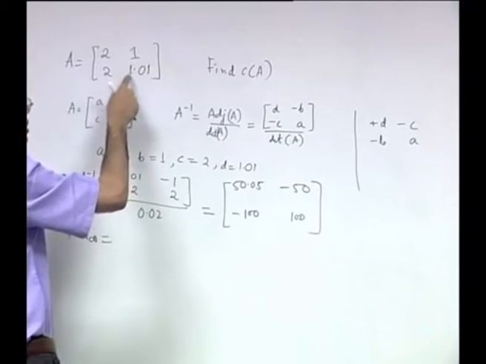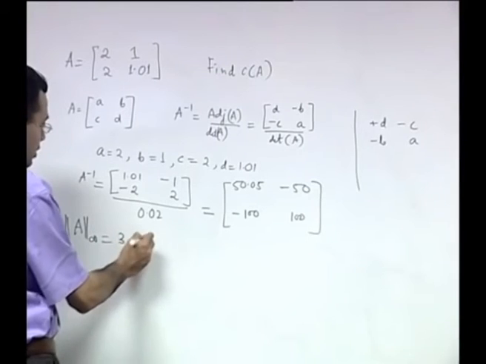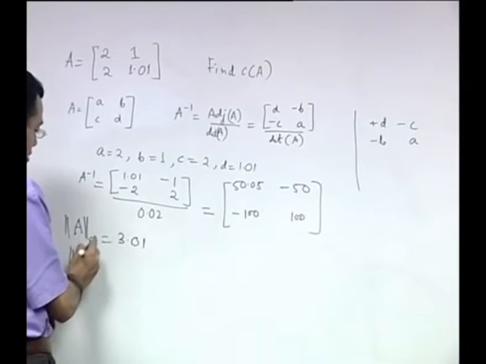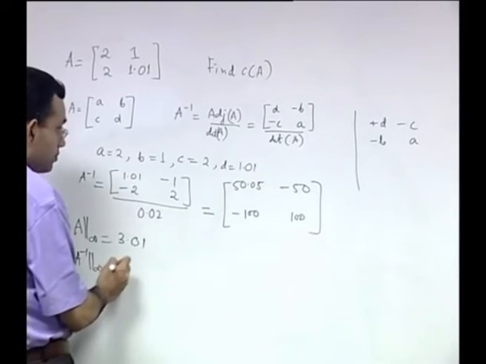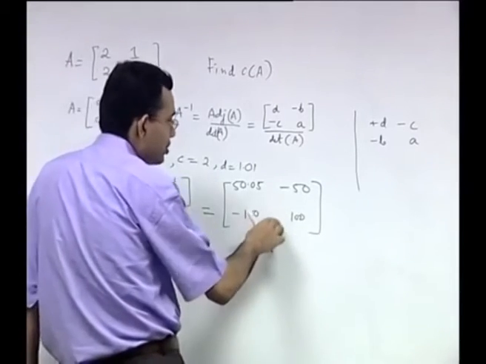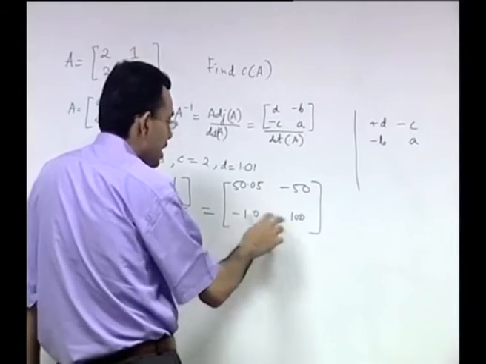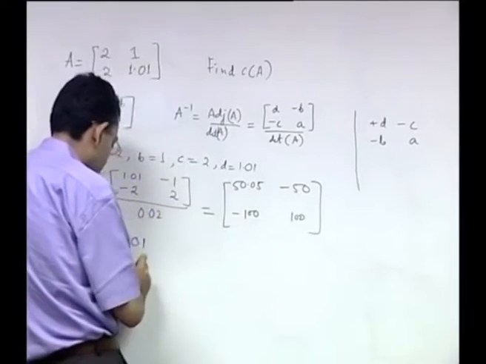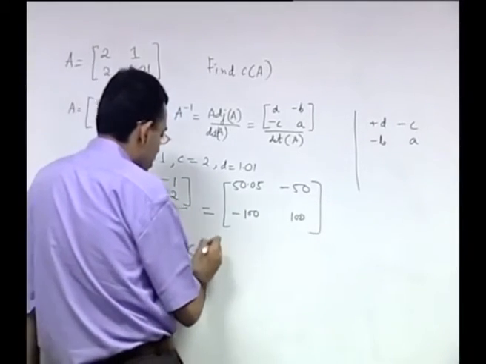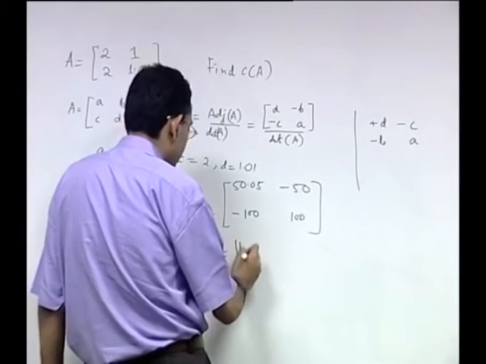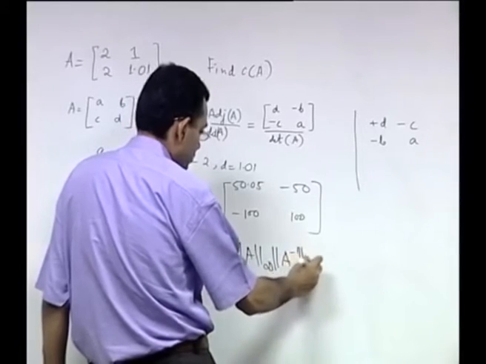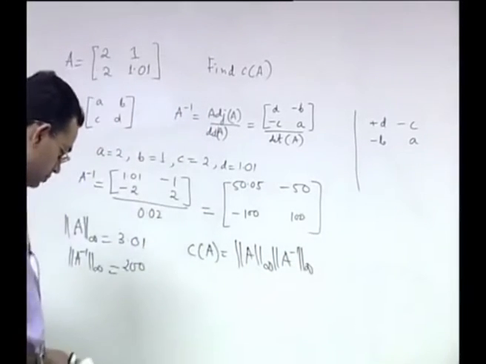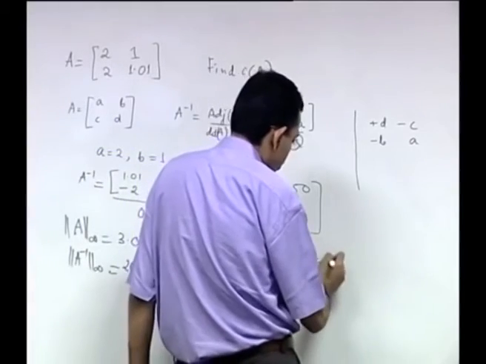The second row, that is 3.01. Infinity norm for A inverse: here also the second row gives the maximum, it is 100 plus 100, that is 200. So the condition number, evaluated in terms of the infinity norm, is 602.